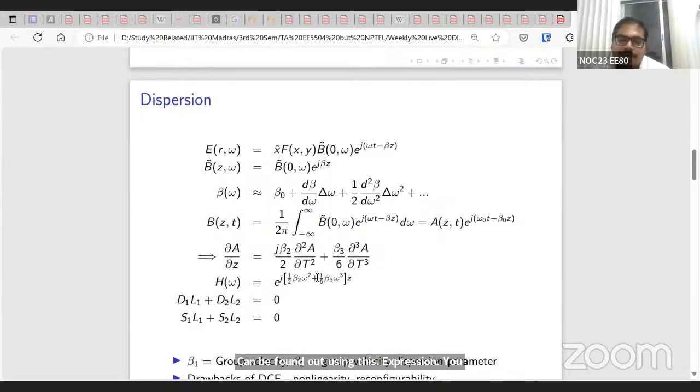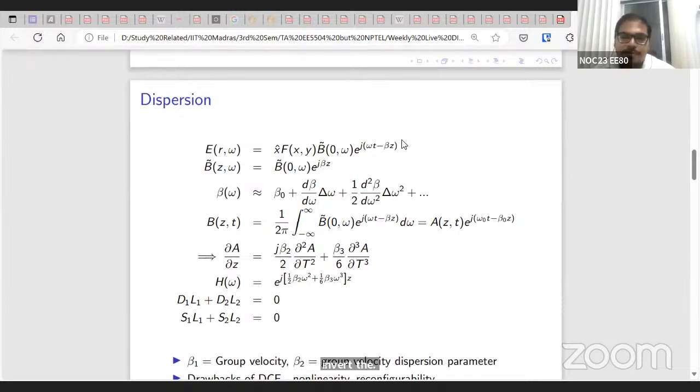You will also see beta 3 ignored in a lot of cases when the first term is dominant. And if we know this transfer function, we can invert the dispersion that was accumulated.